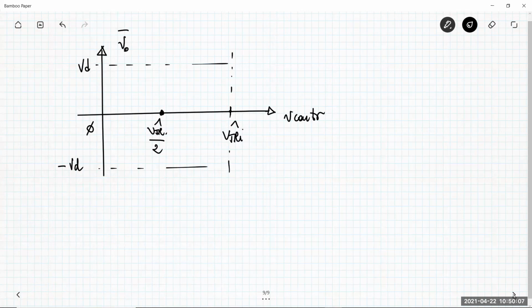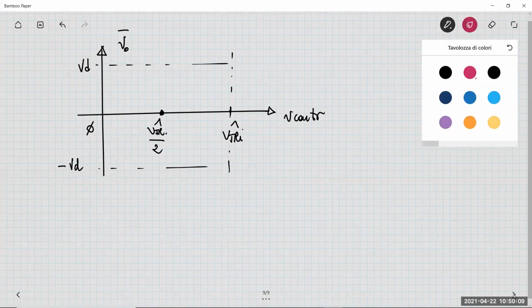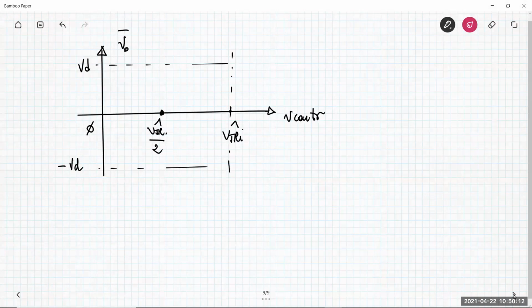Negative VD. Okay, so this is what happens. So the output voltage is reversible, can go from negative VD to plus VD. The gain here is the KPWM, which is 2 VD over V triangular peak.